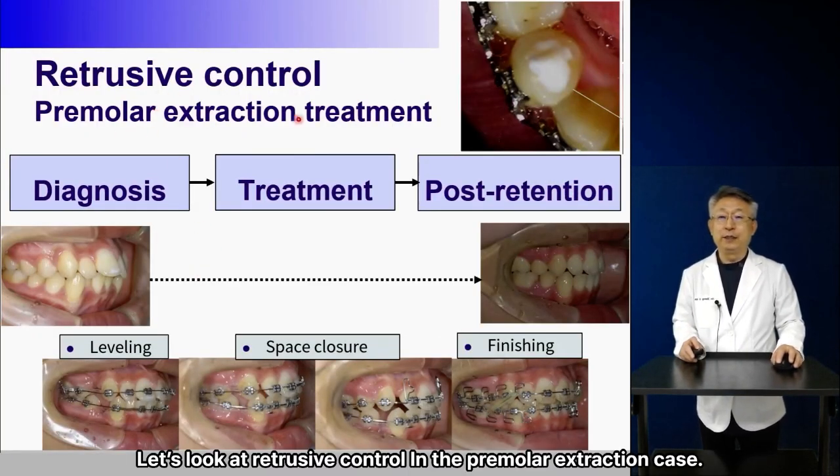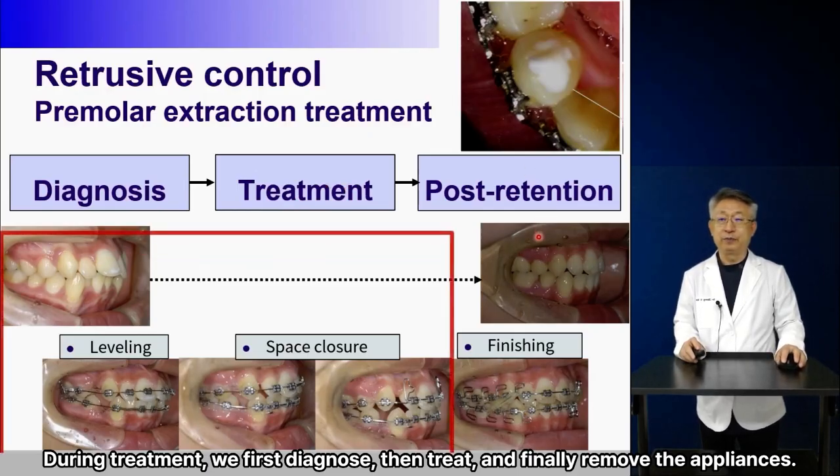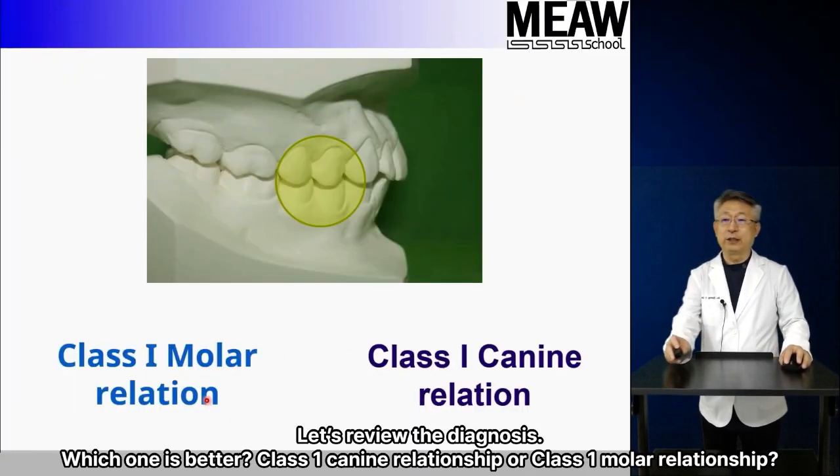Let's look at retrusive control. In the premolar extraction case, during treatment we first diagnose, then treat, and finally remove the appliances. I am going to give a lecture focusing on leveling and space closure. Let's review the diagnosis.